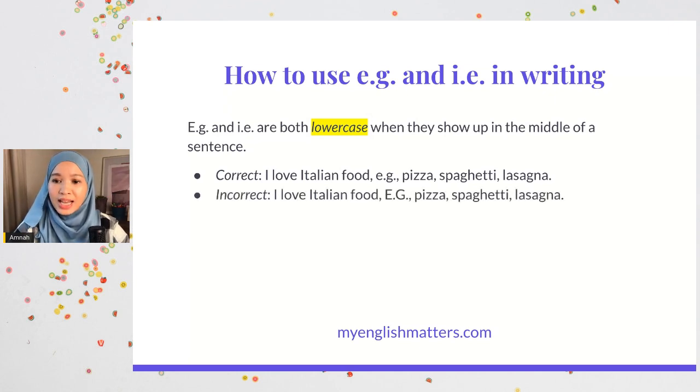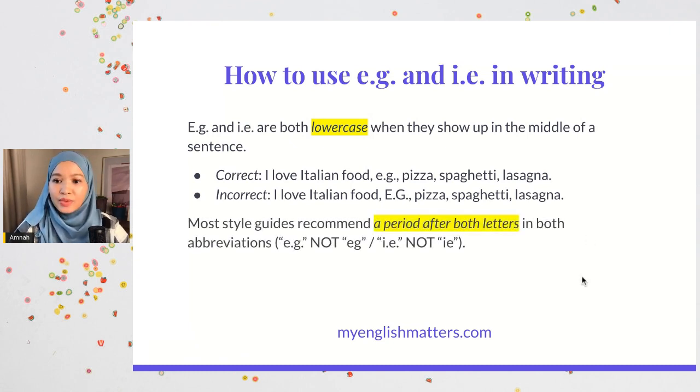Incorrect: I love Italian, E.G. with capital letters, pizza, spaghetti, lasagna. So you can see the difference here. This is lowercase, this is uppercase. So the correct way is to keep it lowercase if it's in the middle of a sentence, but if it's at the beginning of the sentence, then it's fine, like this one. This is an uppercase e.g. here, but not both of them uppercase. So you would use the normal case for e.g. and i.e.